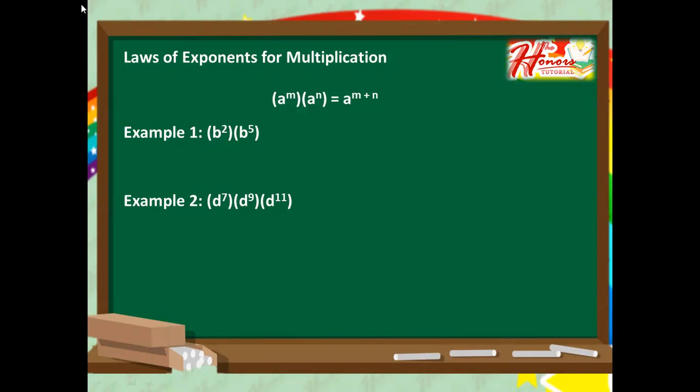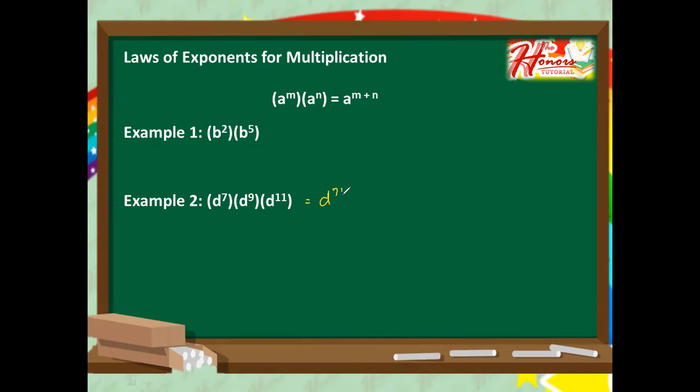What if we have d raised to 7 times d raised to 9 times d raised to 11? We have three terms that we have to multiply. Same process since they have the same bases, which is d. Please copy the base, which is d, and then add the exponents.